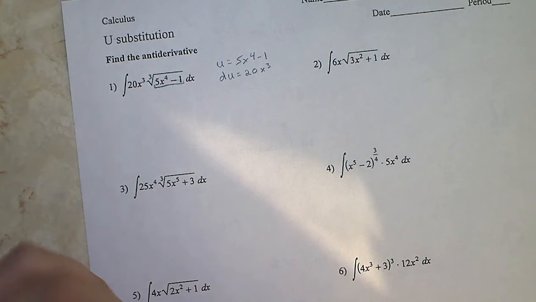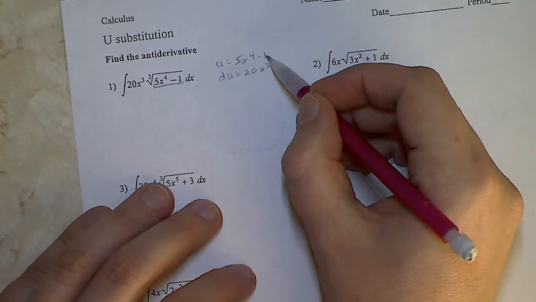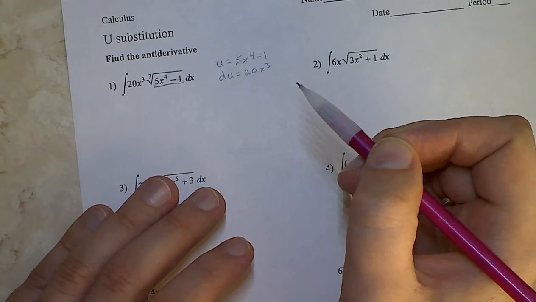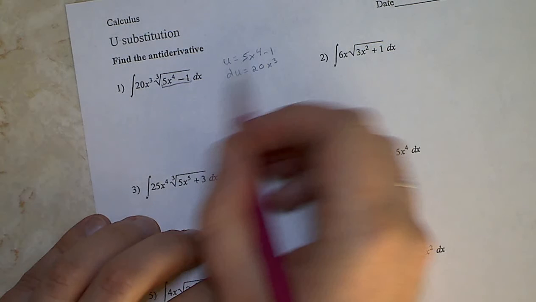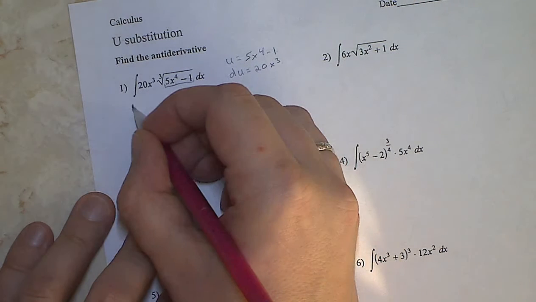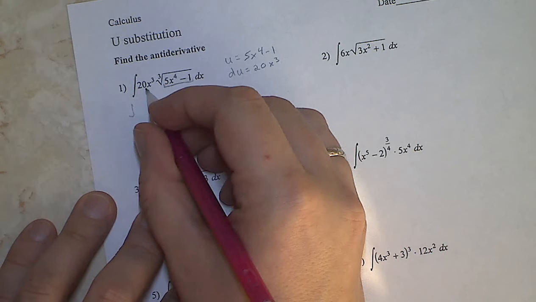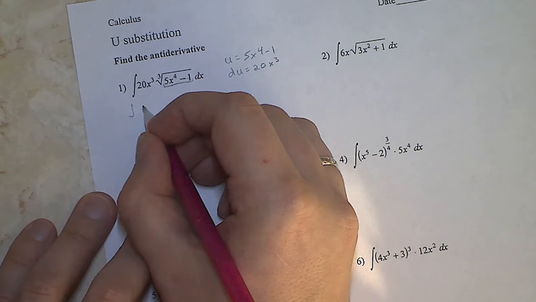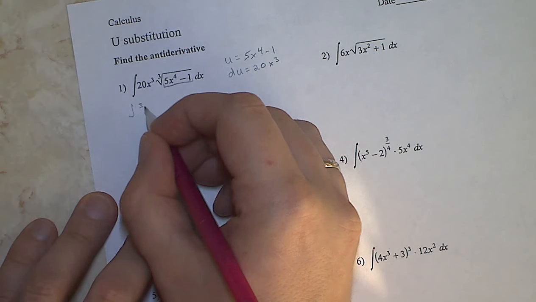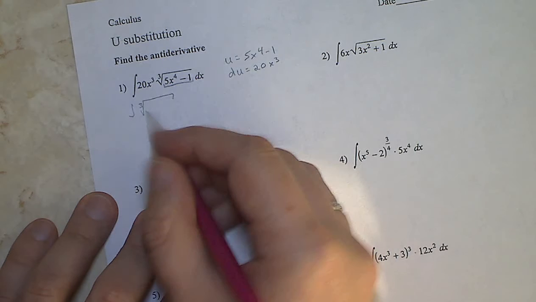So that was step 1, is I picked u. Step 2 is I found out what du was. Step 3 is I'm going to go back through and I'm going to substitute this into that. So I've got integral. I'm going to move my 20x cubed back there. And I've got the cube root of, and all of this is just u.